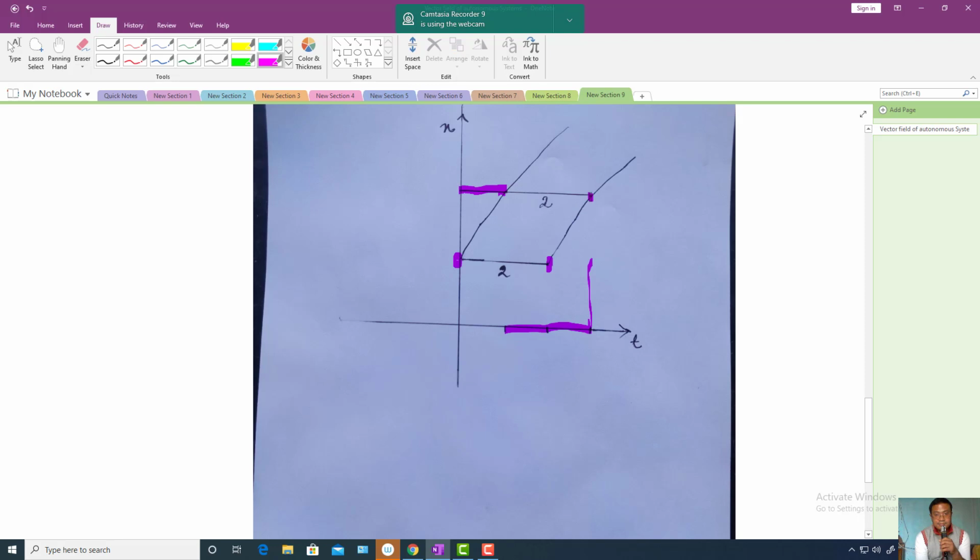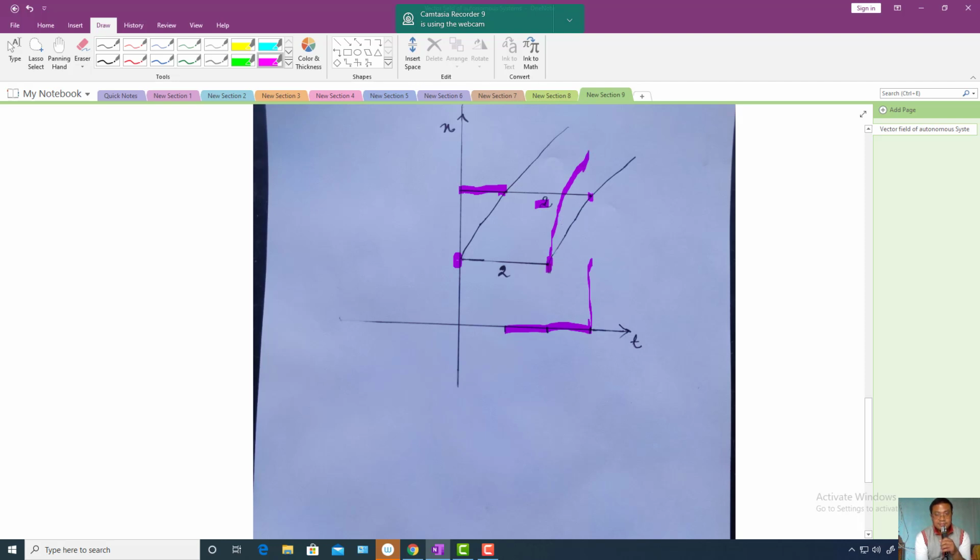So the property for an autonomous system is that the distance between this point and this point along this horizontal line is 2 units. This gap of 2 units will always be there. So if you take a gap of 2 units here, the corresponding gap here will be 2 units. What I mean to say is that if you think about a curve like this passing through this one, this cannot be a solution curve.